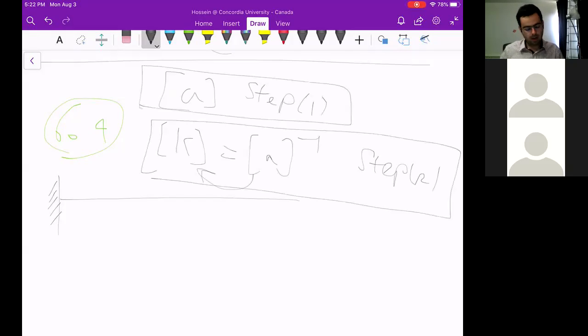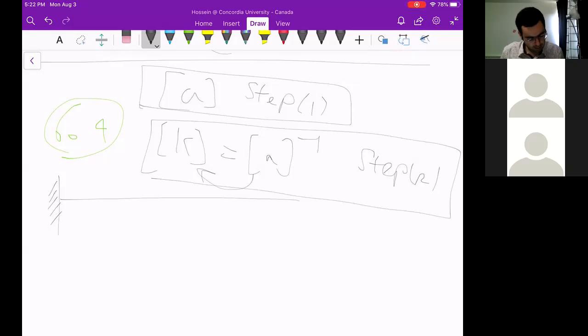In the second part, you find the stiffness matrix by merely taking the inverse of A. That's it.